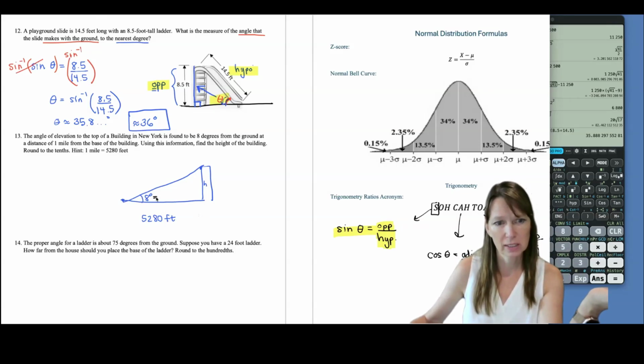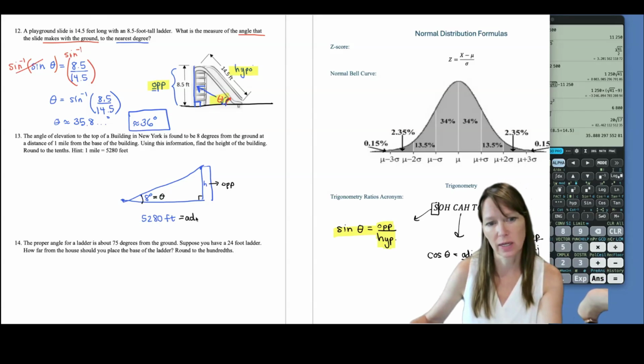So we know 8 degrees is my angle. H, notice that's directly across from my 8 degrees. So H is my opposite. And that 5280, notice it's sitting next to, but is not the hypotenuse. So it is the adjacent side.